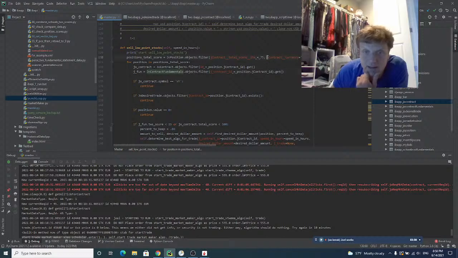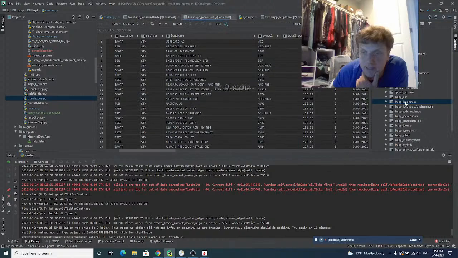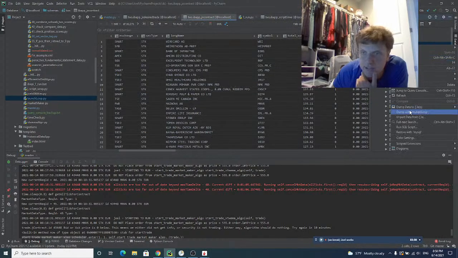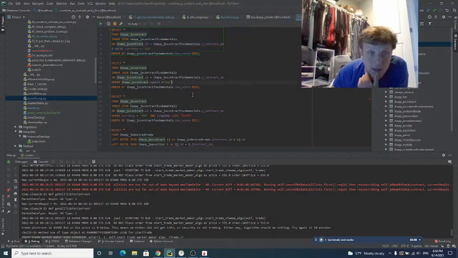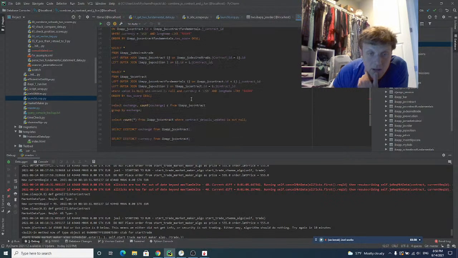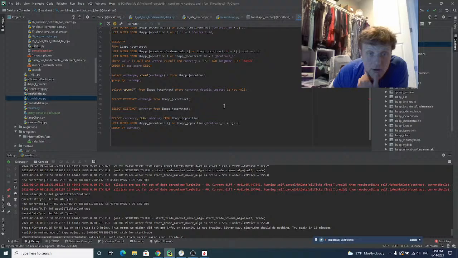Yeah, you can see right here, I'm limiting it to only stocks in the US dollar currency, and with less than or equal to 75 points. So let's come back over here and look at how many of my positions are in which stocks.